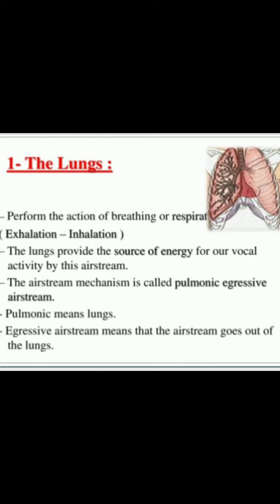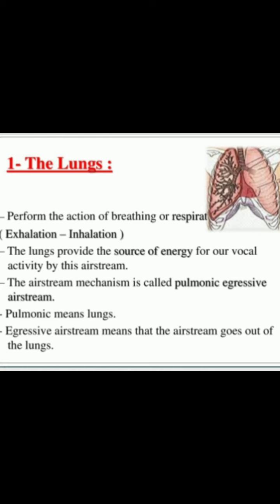It also provides the source of energy for our vocal activity by this airstream. The airstream mechanism is called pulmonic egressive airstream, and pulmonic means the lungs. Egressive airstream means that the airstream goes out of the lungs.